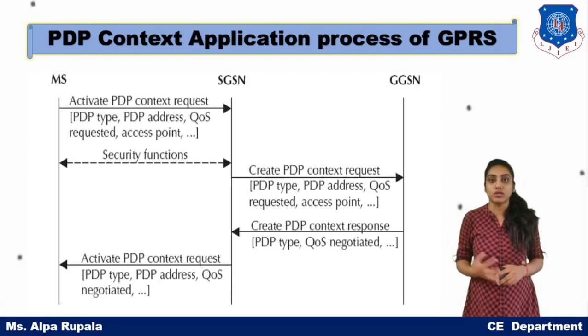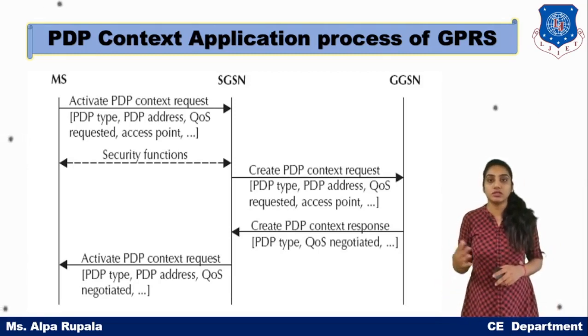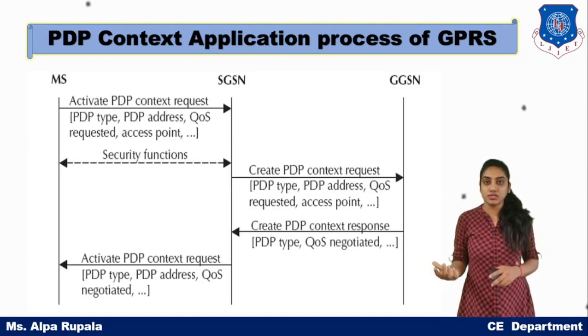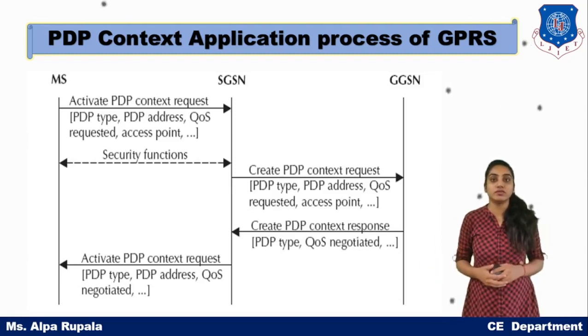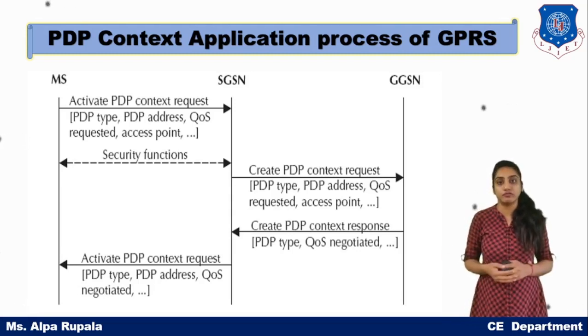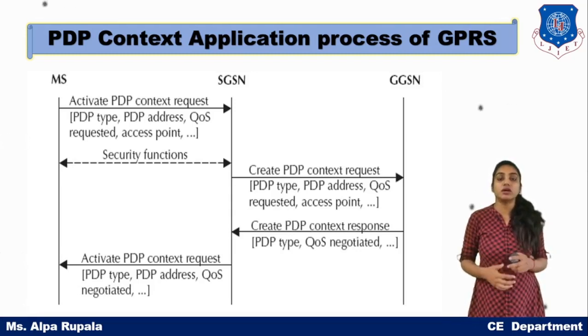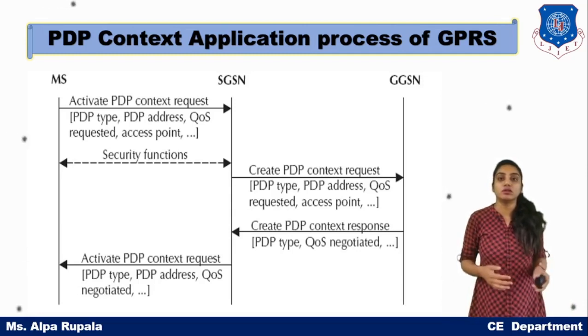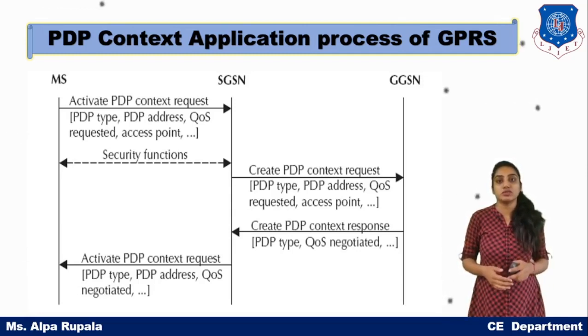Suppose on one side we have the normal GPRS connection and on the other side we have the Wi-Fi connection, then the protocol structure of both connections will be different. So whenever we want to communicate with another network, firstly we need to specify the frame structure.